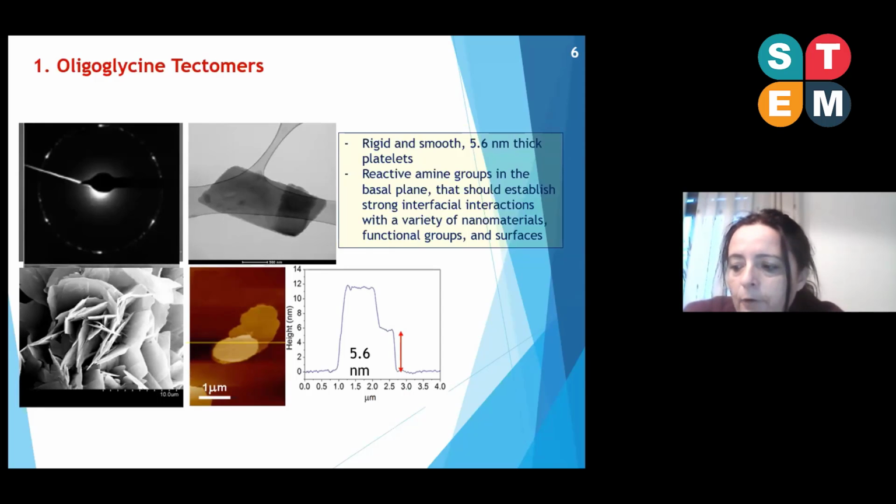AFM studies for biantennary 2T tectomers reveal that the molecules assemble into a single layer platelet with an average thickness of 5.6 nanometers, which exhibit Angstrom scale roughness. For tetraantennary 4T tectomers, the thickness for individual platelets is 4.5 nanometers.